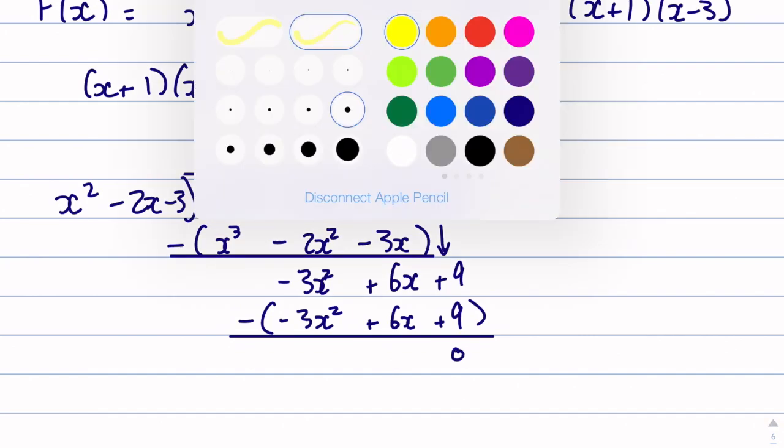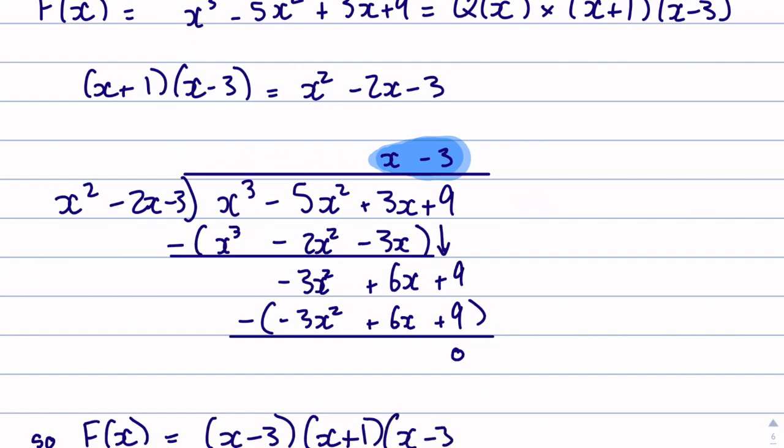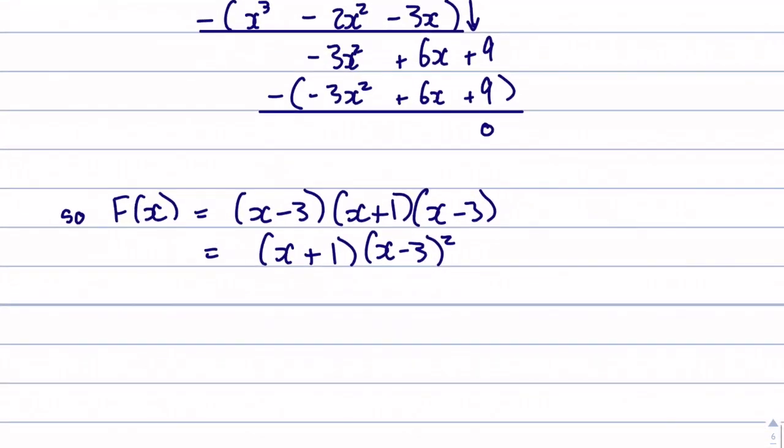Okay, so our third factor is this one. So we know f of x is x take 3, x plus 1, x take 3, like that's this one. Which means we've got x take 3 appearing twice, so we've got x plus 1, x take 3 squared.